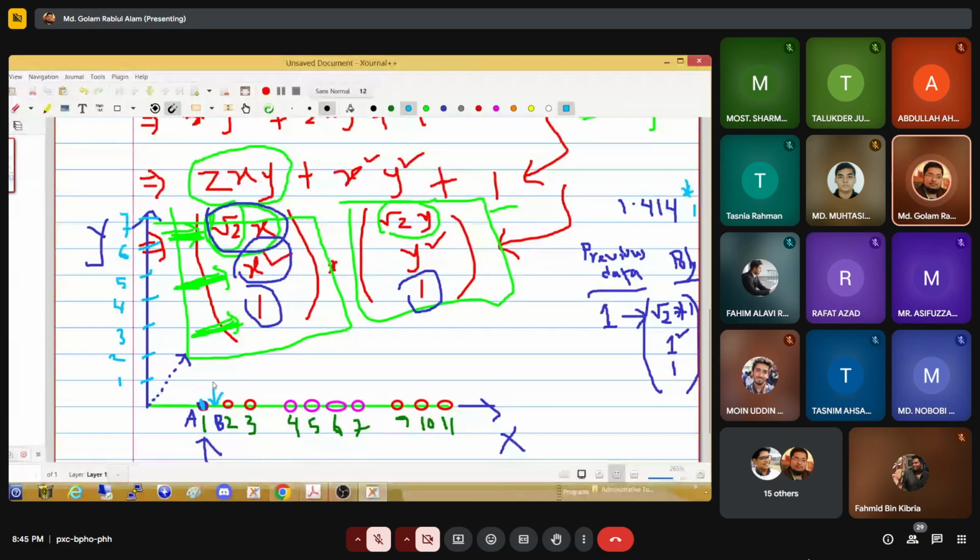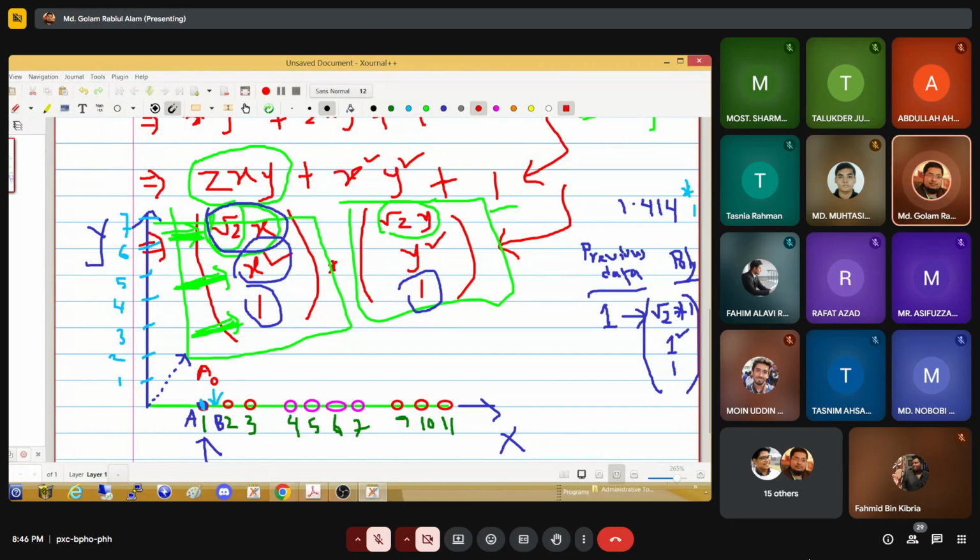So the data point previously in this position will be here now. The new position of our data point will be here. This will be our first data point, that is the A. This is the new position of our A.